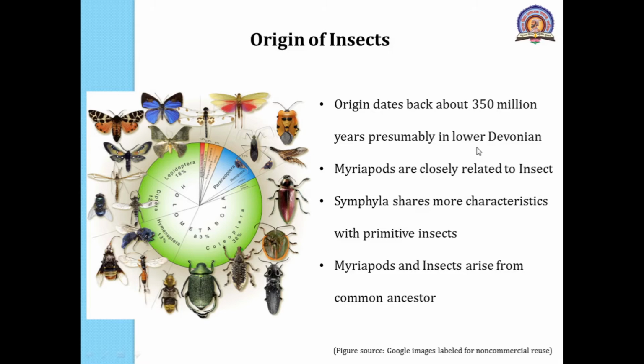On the basis of our understanding of arthropod morphology, the myriapods appear to be closely related to the group known as the insects. Of the myriapods, the Symphyla share more characteristic features in common with the primitive insects, and it is said that both myriapods and insects arose from a common stock of myriapod-like ancestors.